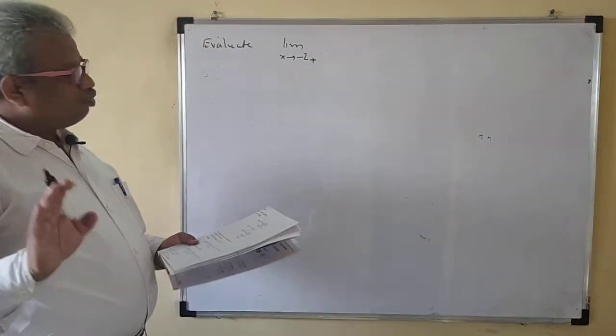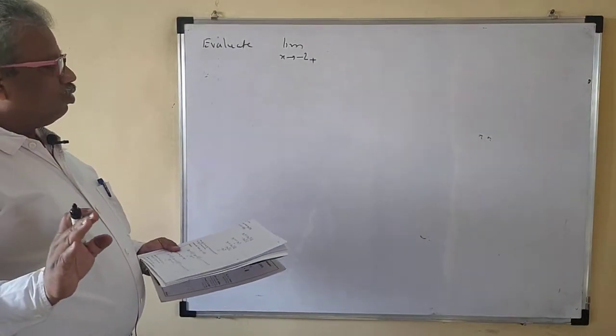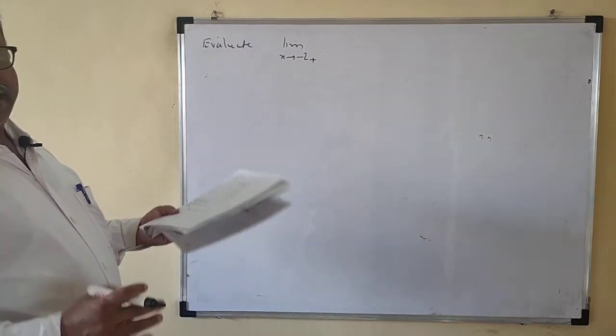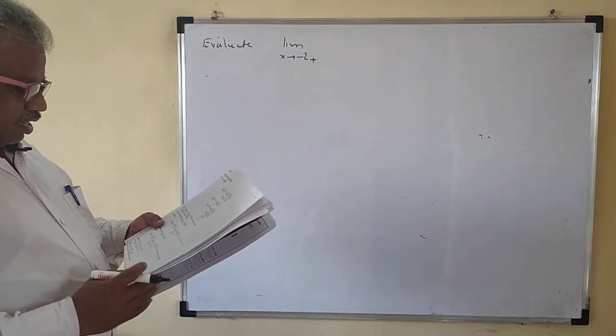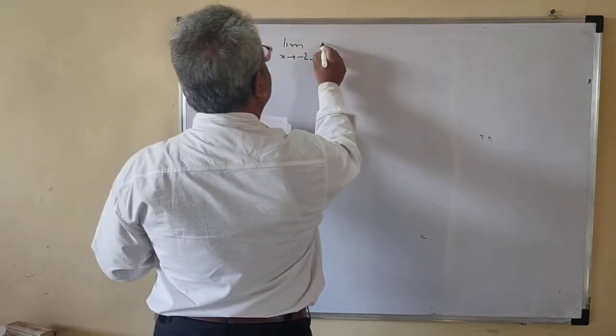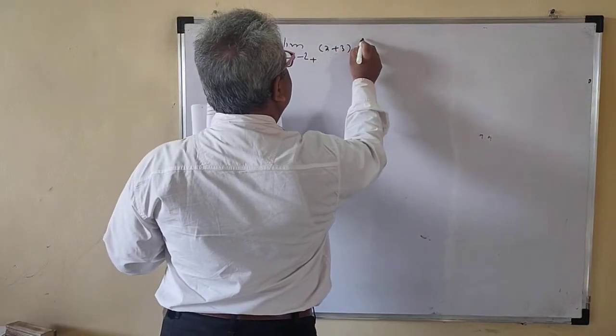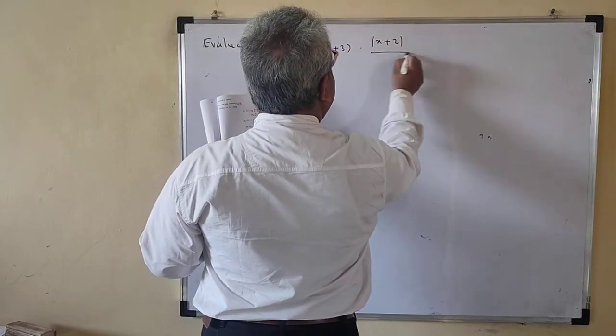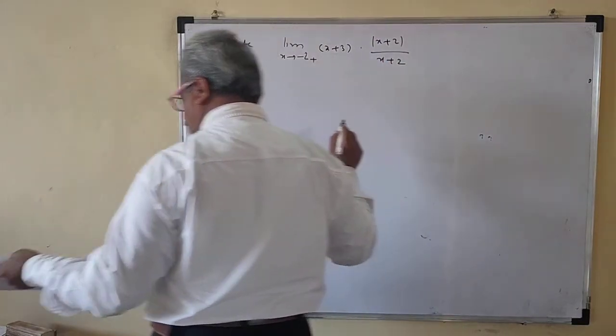So this is what you have to find, only the right hand limit now. There is no need to think whether we have to find the left hand limit and the right hand limit. Directly you have to find the right hand limit. So we directly solve this: (x plus 3) times mod of (x plus 2) upon (x plus 2).